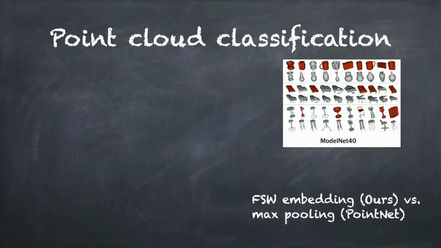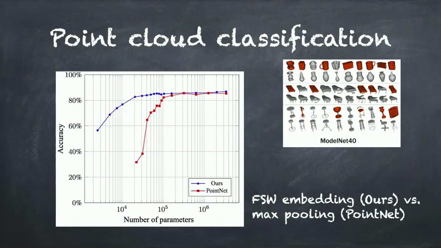And initially, the results are similar. But what we did see, which was nice, is that if you take, say, the number of parameters people usually use, which is about here, the two methods are similar, or maybe sometimes this is better or that is better. But if you reduce the number of parameters significantly, then the FSW embedding is much more robust to that.